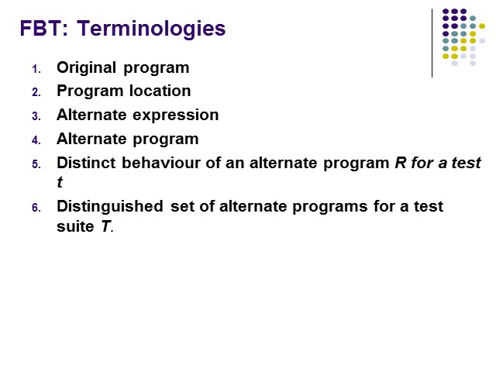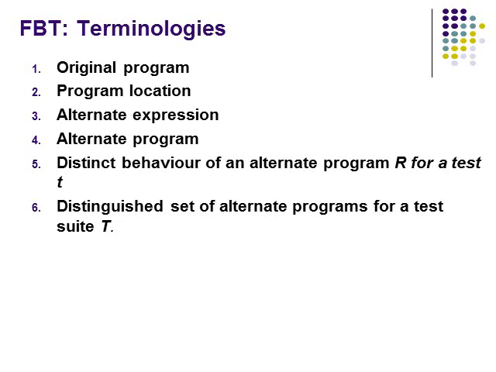Second one, program location, a region in the source code. The third, alternate expression, source code text that can be legally substituted for the text at a program location. Fourth, alternate program, a program obtained from the original program by substituting an alternate expression for the text at some program location.